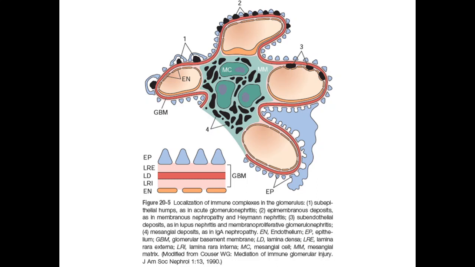The second one will be epimembranous deposits, as in membranous nephropathy or Heymann nephritis. And the third one will be subendothelial deposits, as in lupus nephritis and membranoproliferative glomerulonephritis. The fourth one, guys, is mesangial deposits, as in immunoglobulin A nephropathy.